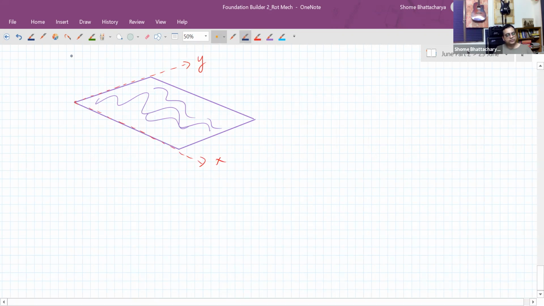Then to find out moment of inertia about this axis, passing through the corner and perpendicular to the plane. So here the z-axis is the axis to one of the corners and perpendicular to the plane of the rectangle.